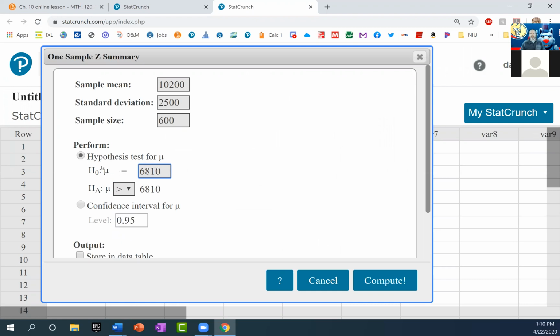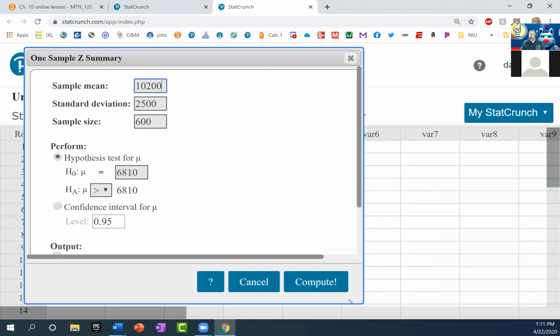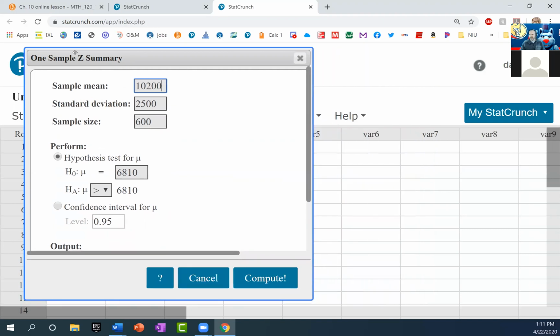So the null hypothesis is that it's equal to that, not different. And then the alternative is that it's greater than 6,810. Okay, any questions so far about putting all these values in here using a z-stat?